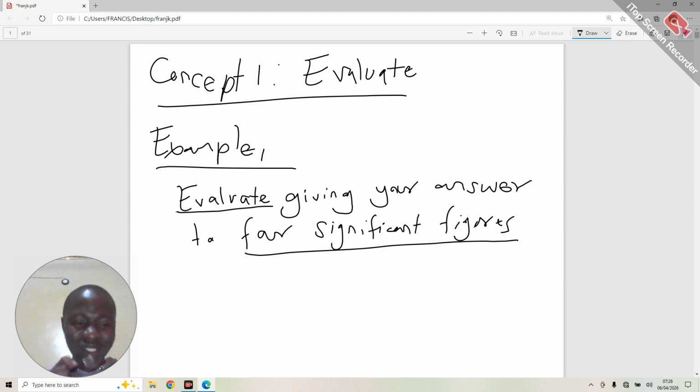Now the term evaluate. For you as a student, if you see the term evaluate, you must use a calculator. But before you use a calculator, make sure you simplify your answer. Make sure it is different from what has been given.